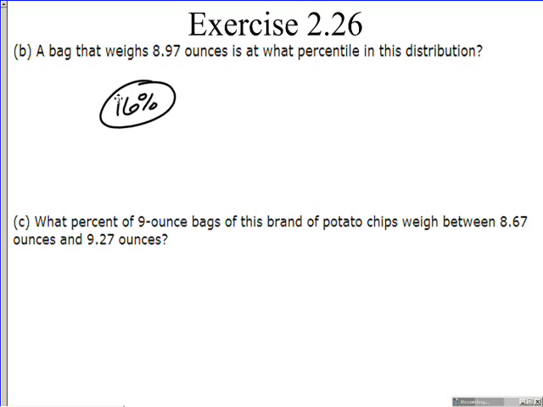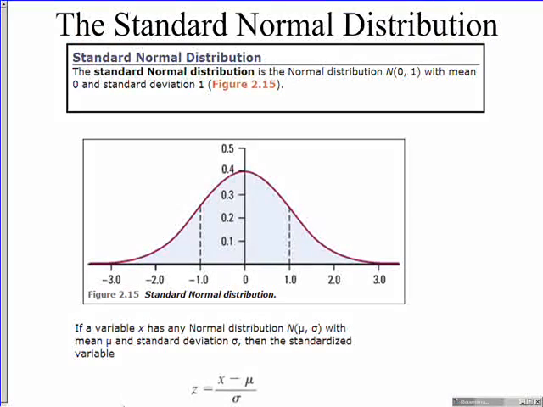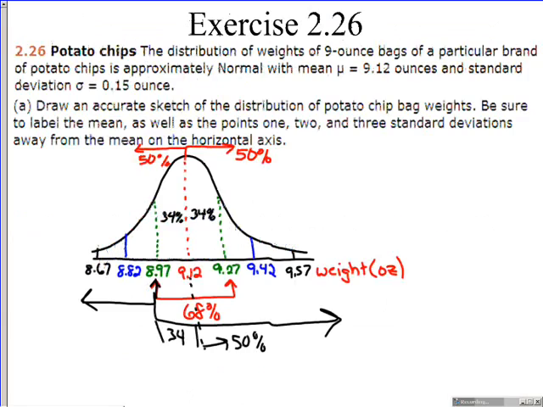What percent of 9-ounce bags of this brand of potato chips weighed between 8.67 and 9.27 ounces? Between 8.67 and 9.27, so we're talking about from here to here. What do we need to do here to figure that out? There's a couple of different things we can do. We know that if we use the empirical rule, 95% are between 2 standard deviations.